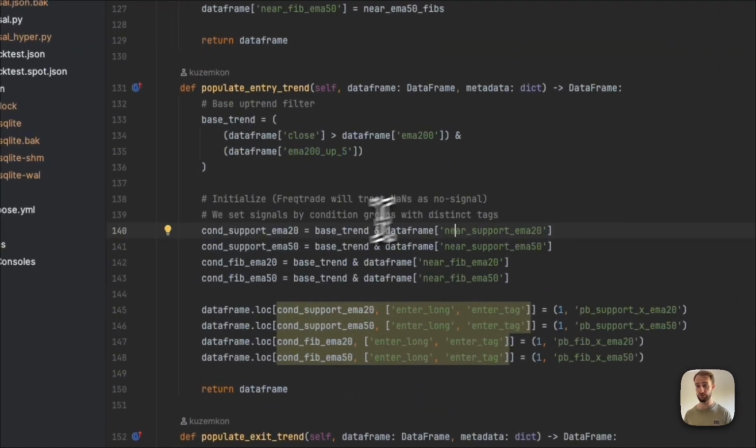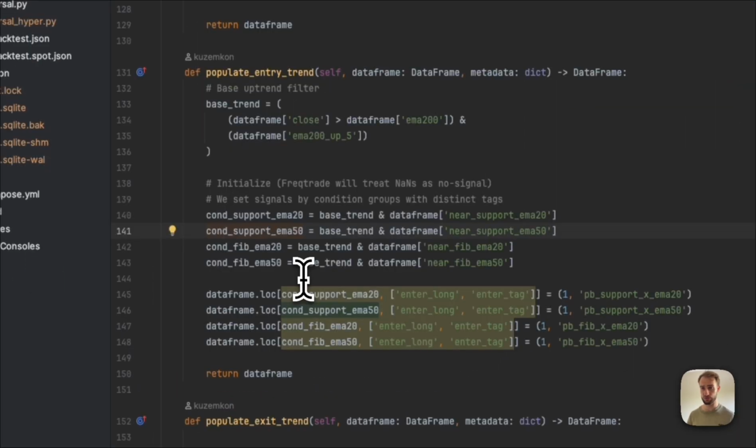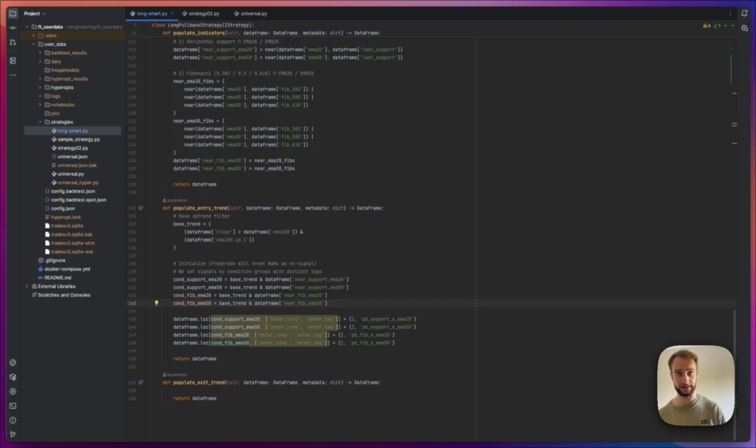Then we check if the EMA 20 or EMA 50 is close to the support line, or close to a Fibonacci line, and these are our entry positions, so we enter on any of these four. This is the first analysis I'm doing when figuring out entering a position.